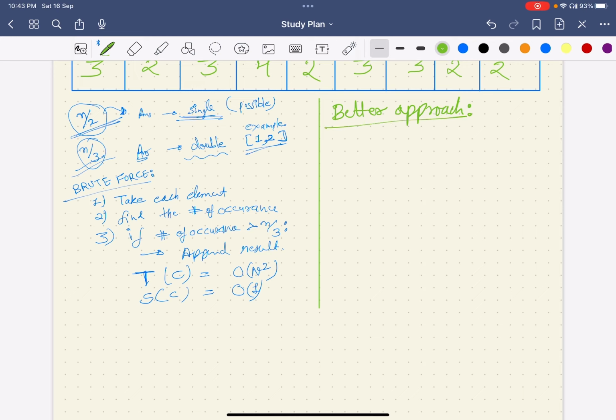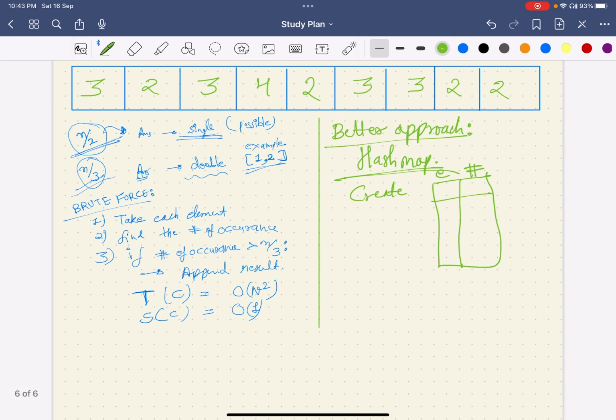The better approach is related to hash map, which says that you basically create a hash map, which will be the element and their count. So in these scenarios, if we have elements 3, 2, 4, we will return the count.